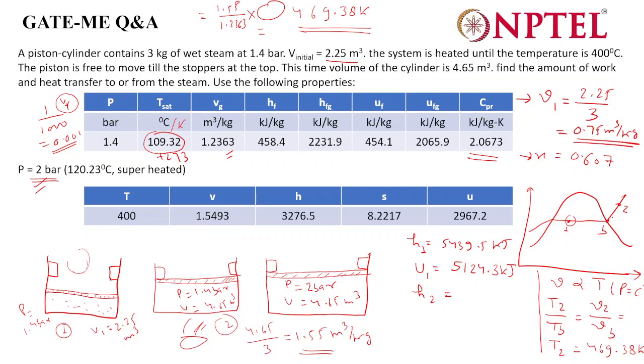Delta T you know, Cp you know, HB you know. What is the value of H2? And the same way someone find U2. Getting my point or not? Yes, sir. Okay.